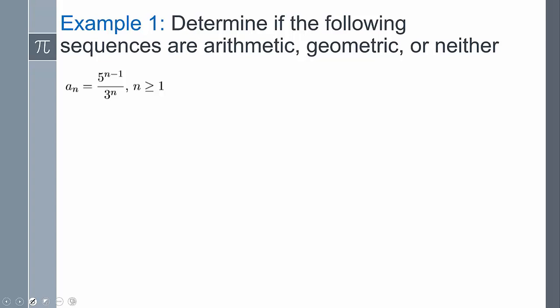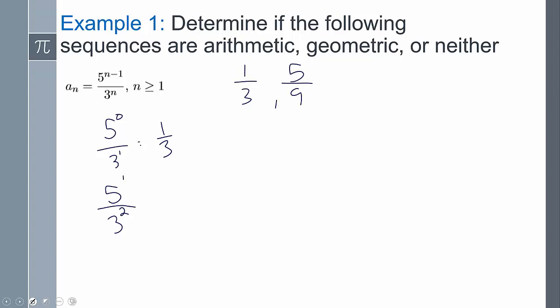If I plug in 1, I get 5 to the 0 over 3 to the first, so I get 1/3. That's my first value. If I plug in 2, I get 5 to the first over 3 squared, so that's 5 over 9.